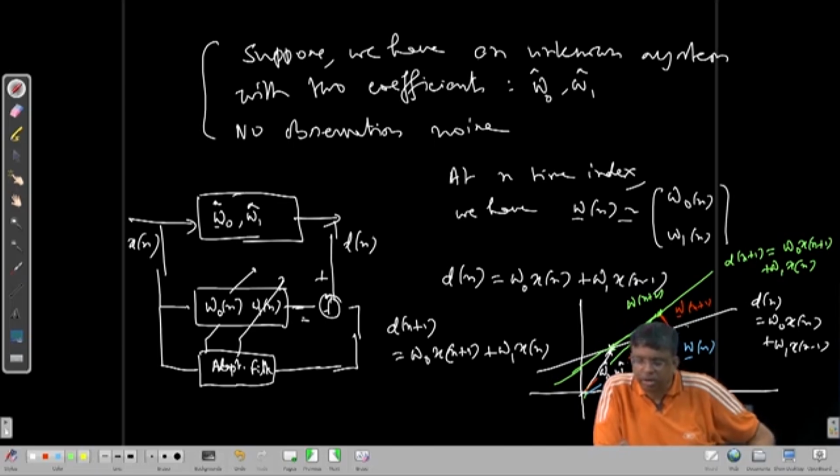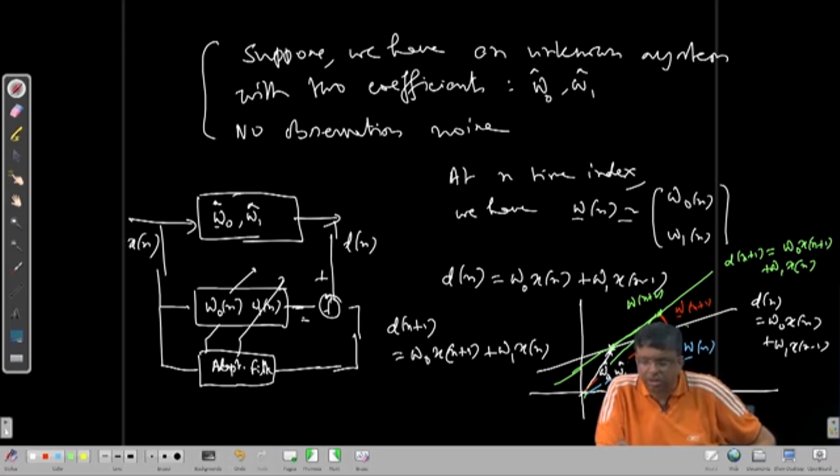You take any other point, form a triangle, apply Pythagoras, the hypotenuse will be longer than this if it is 90 degrees, right. This is from plane geometry: only when the length is minimum, then this is a perpendicular. Any other point, if I join with this point, will have longer length than this.